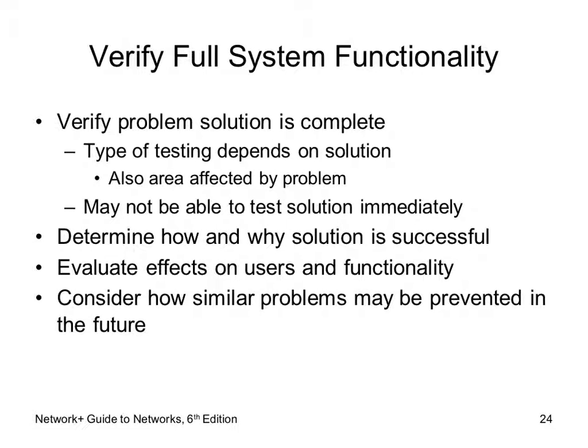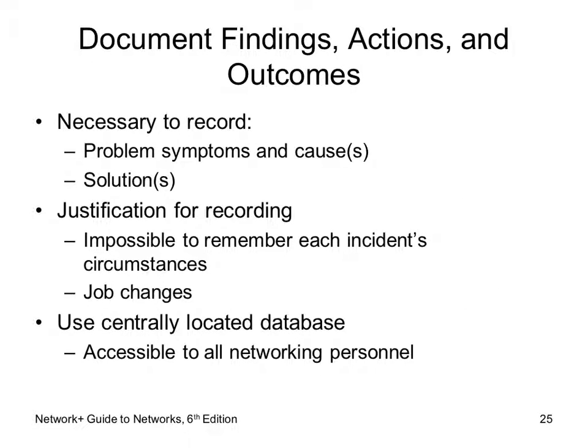It'll be more work for IT. There are packages, by the way, that allow you to push it globally to every computer from a central location, or you might have to go one by one, regardless, depending on the size of your company. Consider how similar problems may be prevented in the future, and again, discussing that after the implementation has happened.